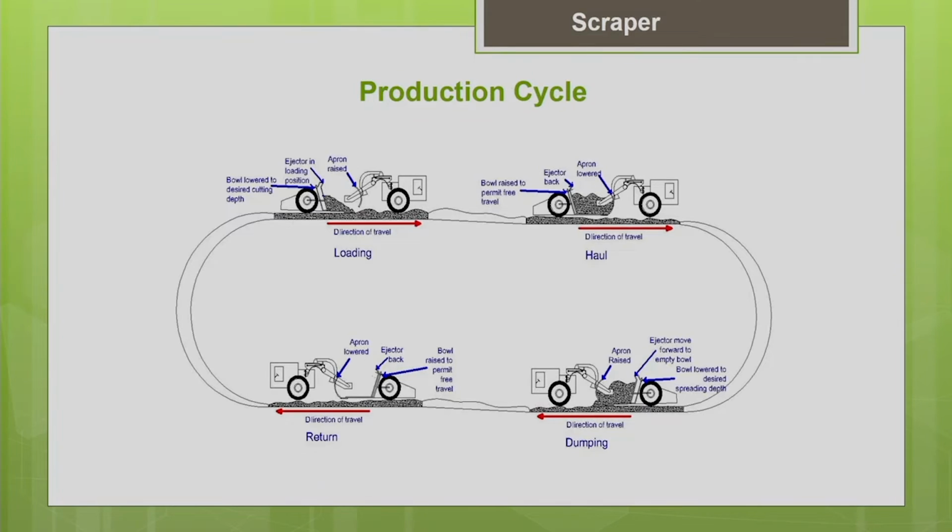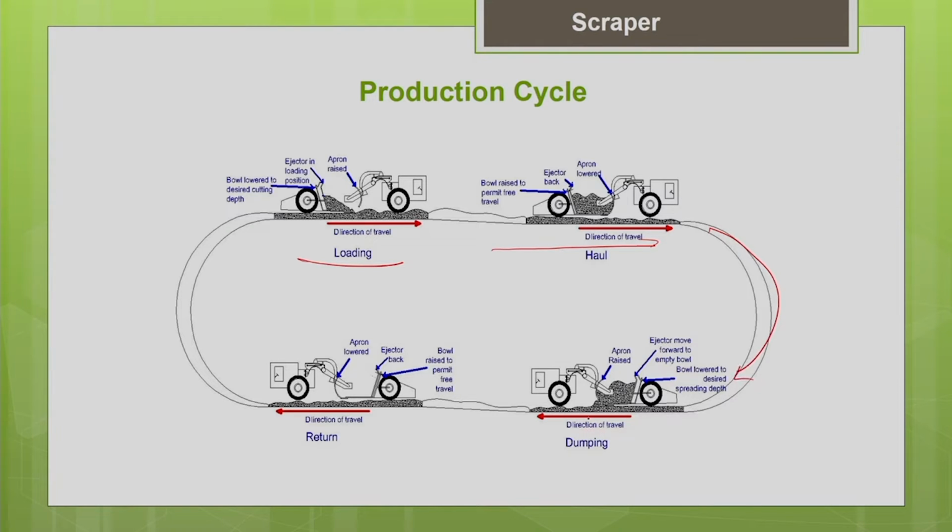Now let us see the components of the production cycle of a scraper. The scraper first does the loading operation: it cuts the earth and fills the bowl. Once the bowl is completely filled, you raise the bowl and haul the material until it reaches the dumping site. In this picture it turns first and then dumps.